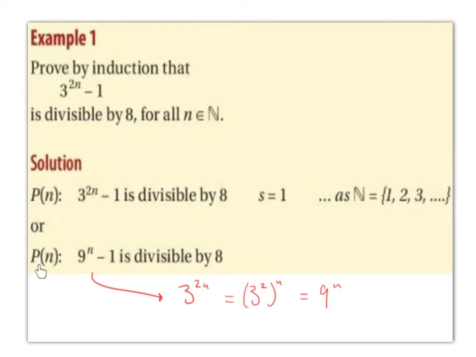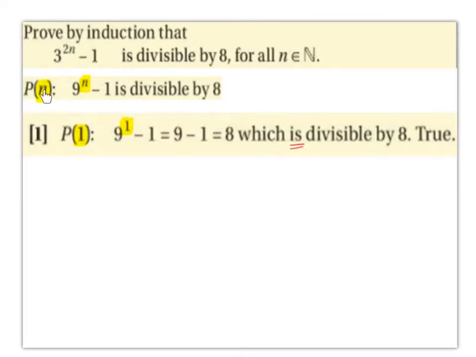Or P of n is 9 to the power of n minus 1 is divisible by 8. So we've swapped this for this because 3 to the power of 2n can be rewritten as 3 squared raised to the power of n, which is 9 to the power of n. So this is a better way to write it. So P of n is 9 to the power of n minus 1 is divisible by 8.